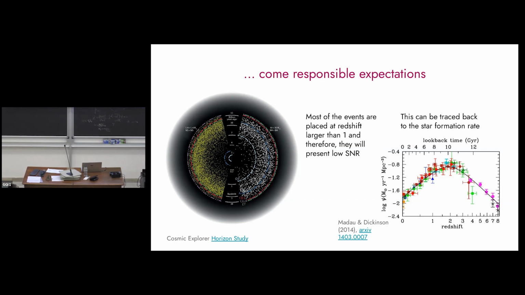You have more star formation at high redshifts where you expect most of the sources, but high redshift means high distance, which also means that you expect most of the sources at a very low SNR. I will show this quantitatively in a while, and this already rings an alarm bell in our mind.